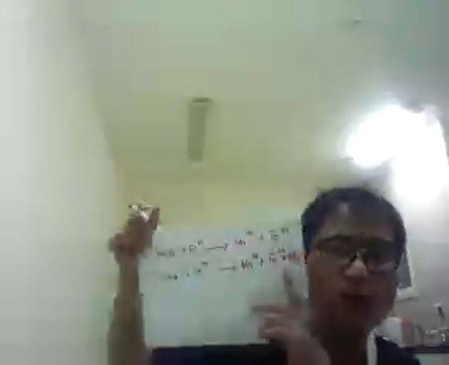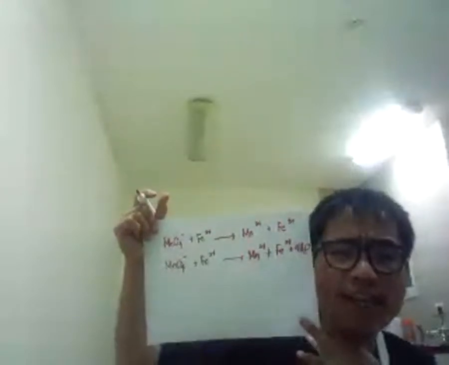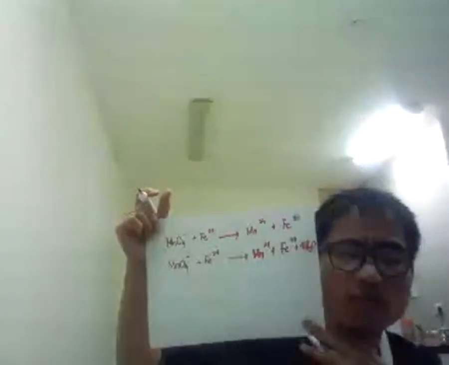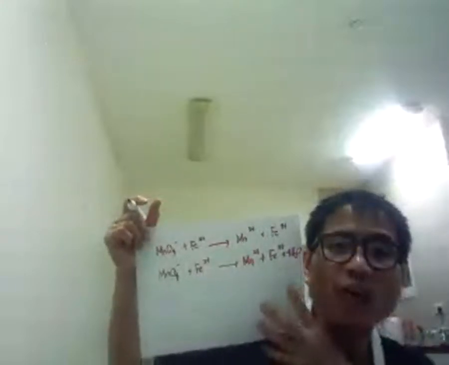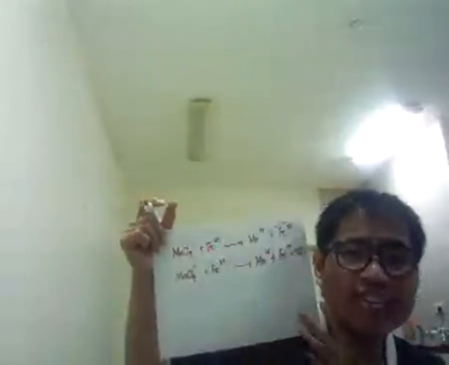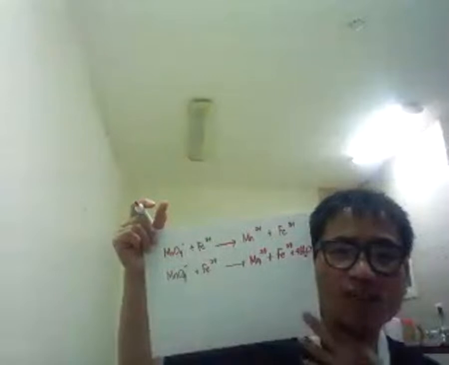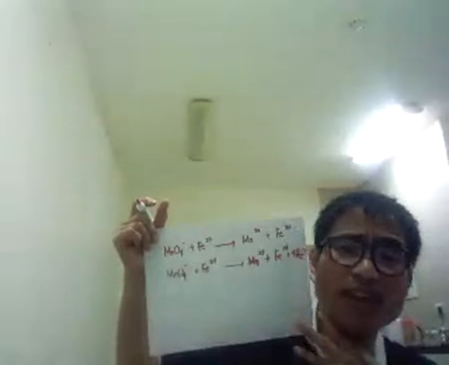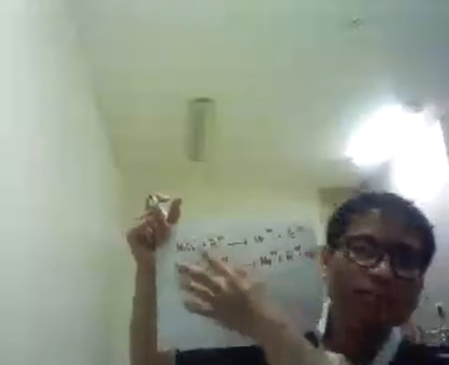I put 4 because for every oxygen you have to add water on the side that is deficient in oxygen. If we introduce the water here, then you will also add H plus on the other side to balance the hydrogen atoms. First we need to balance the chemical equation, because at first look this is unbalanced.